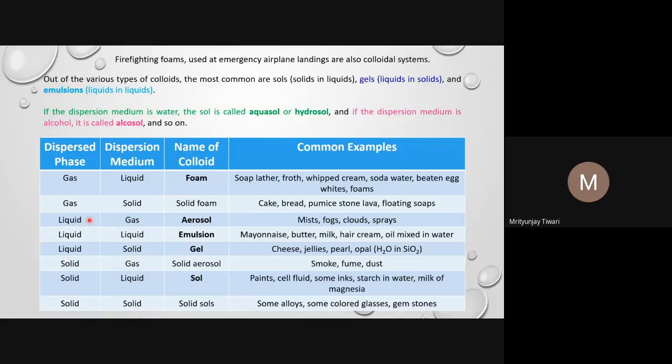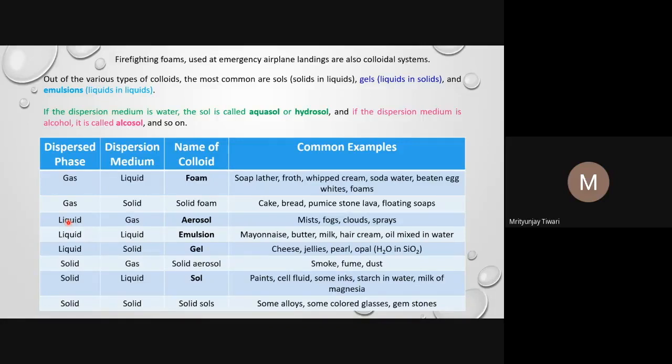Now take liquid into gas: the liquid is the dispersed phase and the gas is the dispersion medium, and such colloids are called aerosols. Please remember this, it is important. Examples are mists, fogs, clouds, and sprays.